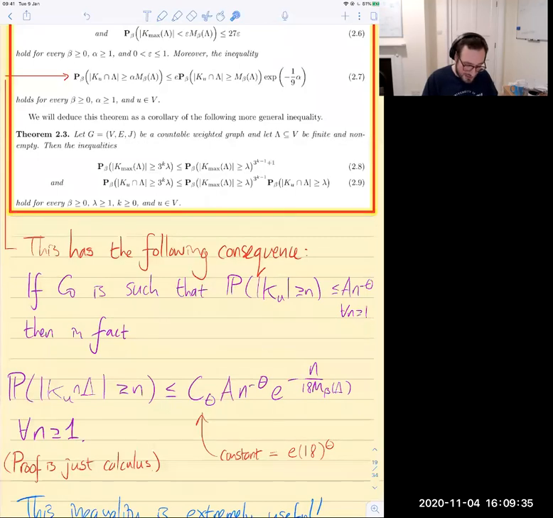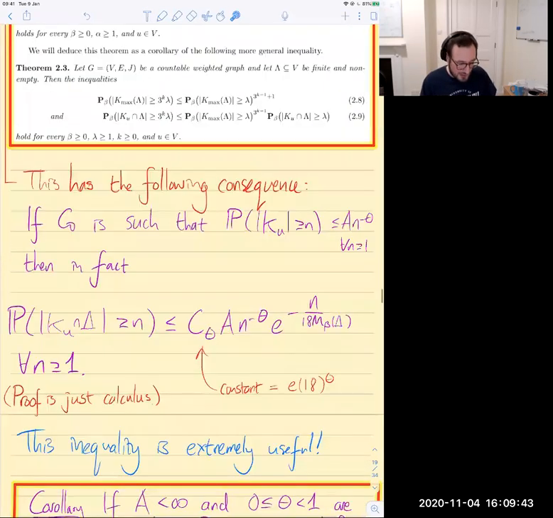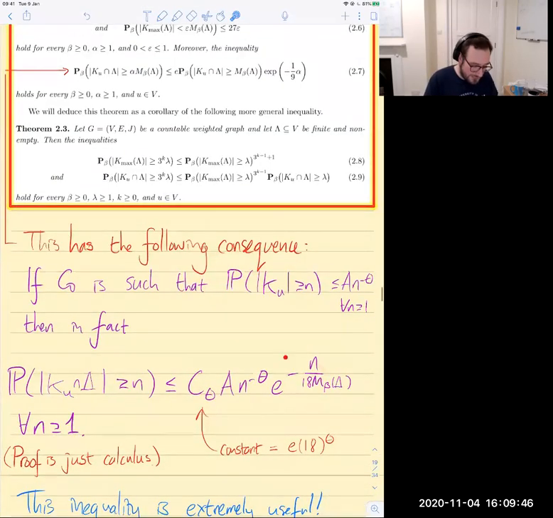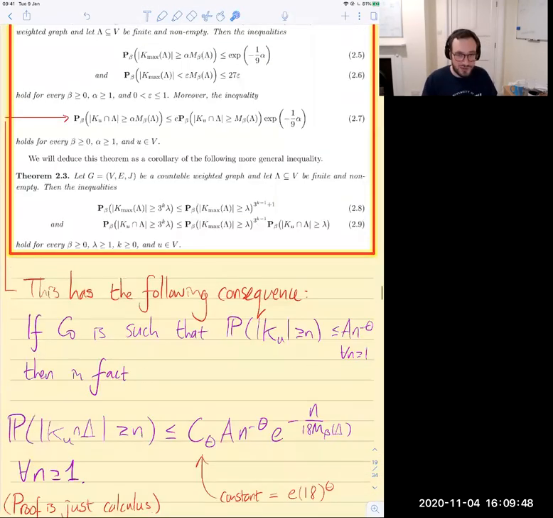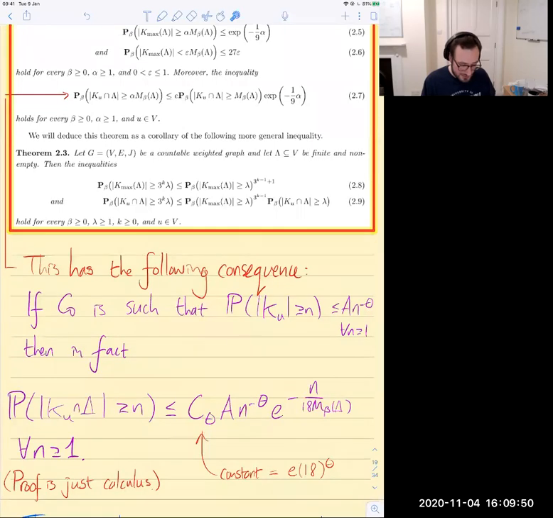But as soon as I start getting bigger than this typical value of the maximum, the probability becomes exponentially penalized. Of course, the proof of this fact from this inequality 2.7 here is just calculus.